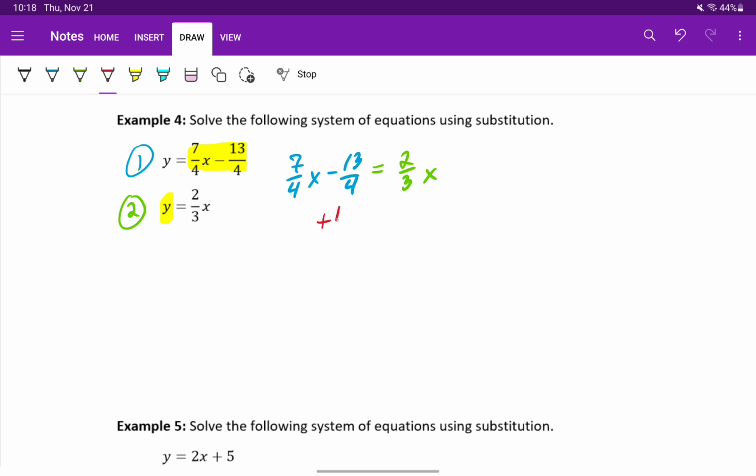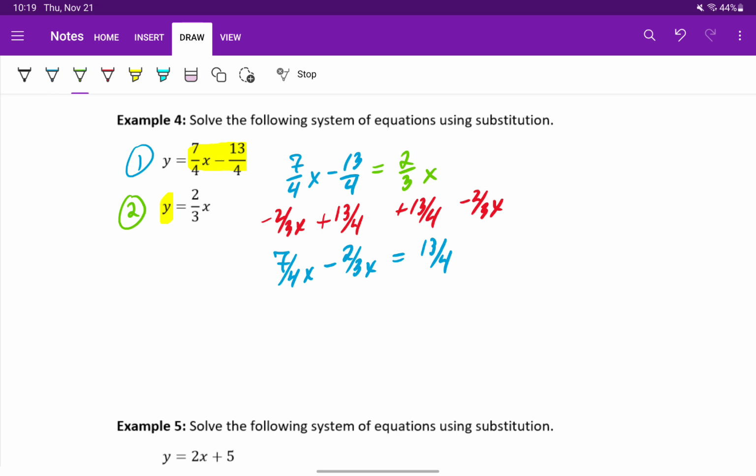Now we can add 13/4 to both sides and subtract 2/3 x from both sides to get all of our x terms on one side of the equation. We'll have 7/4 x minus 2/3 x is equal to 13/4.